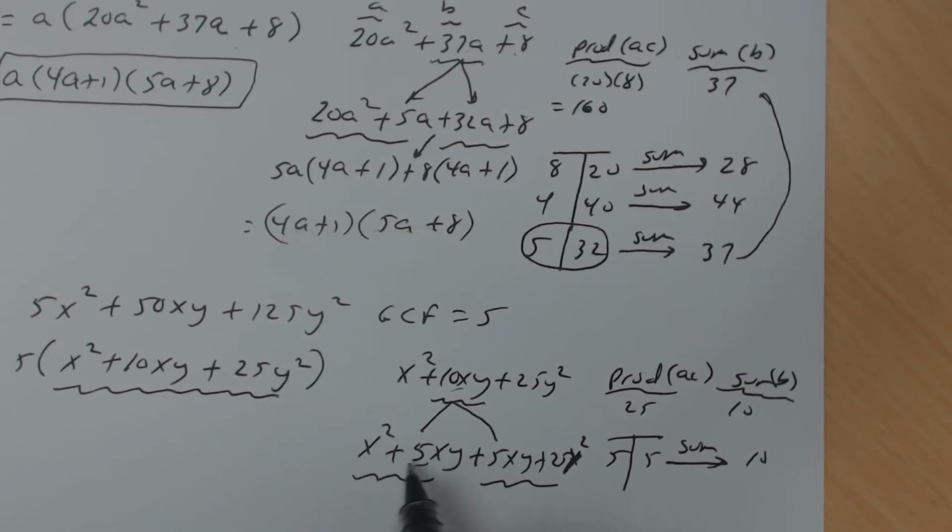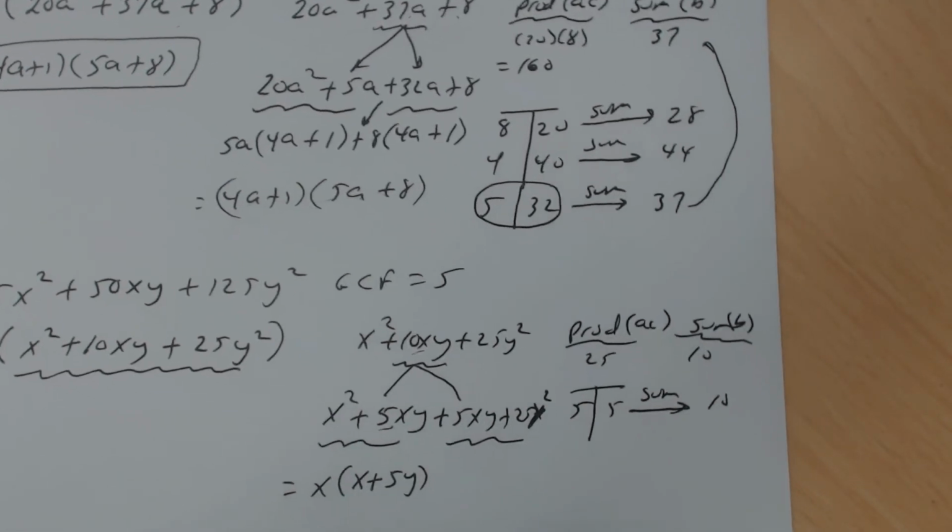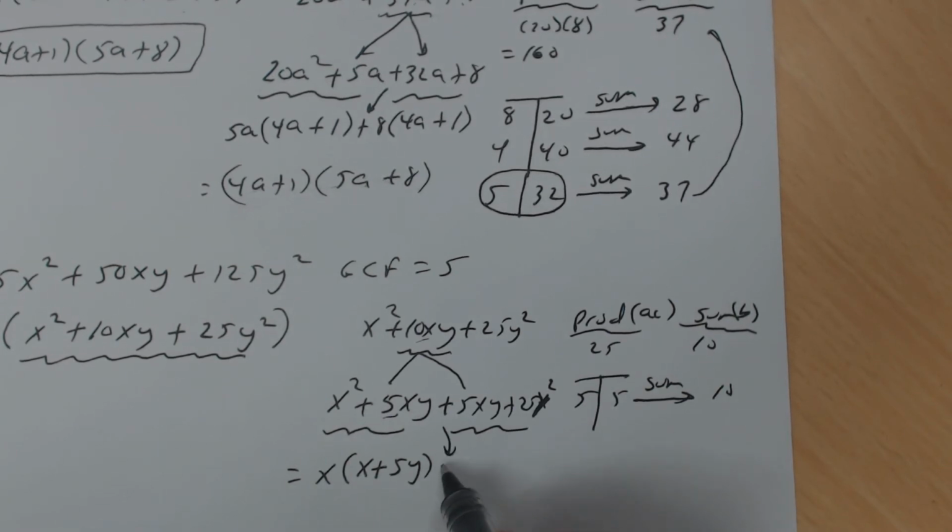From the first two, it looks like I can factor out only an x, and I'm left with x plus 5y. See that? x times x is x squared. x times 5y is 5xy. And from the second group, I can factor out a positive 5y. And so 5y times x is 5xy, plus 5y times 5y is 25y squared.